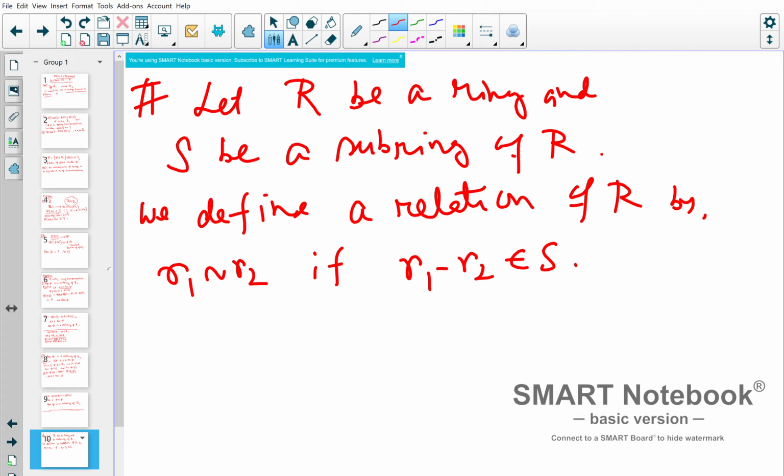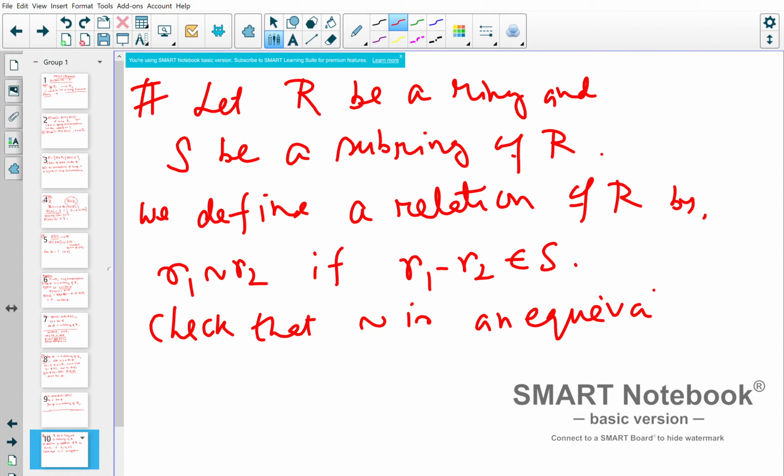Now check that this tilde is an equivalence relation. Reflexive obviously, and symmetric and transitive.